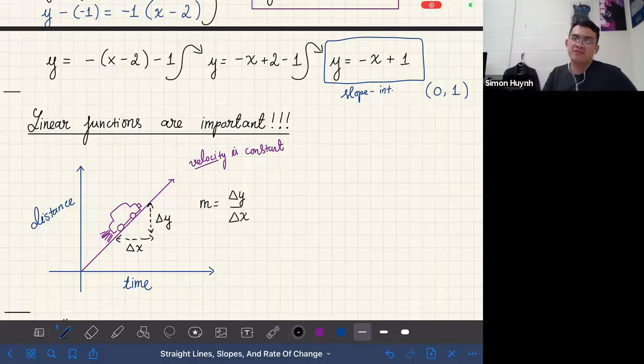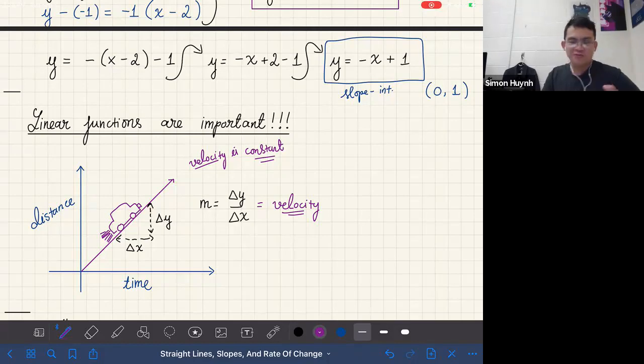What do you think we will get? It turns out that the slope of this linear function is actually the velocity of the car you were driving. Because you are driving at a constant speed, the rate of change of distance as a function of time is constant. So it gives you a linear function, and the slope of this linear function is the constant velocity of this car.